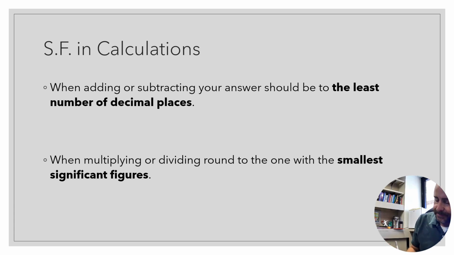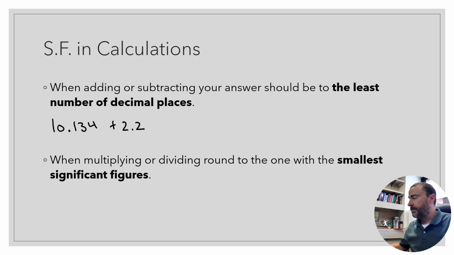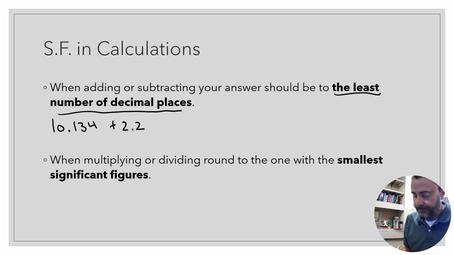As my example, 10.134 plus 2.2. I want to report my answer to the least number of decimal places. The answer to this would be 12.334.